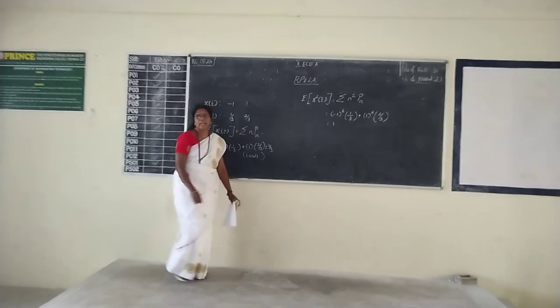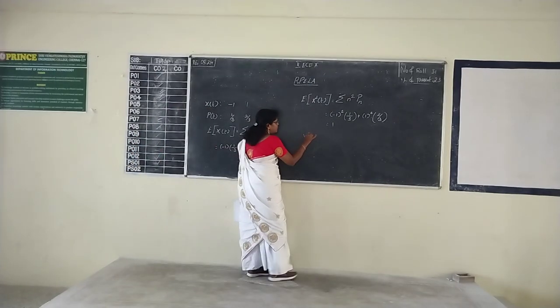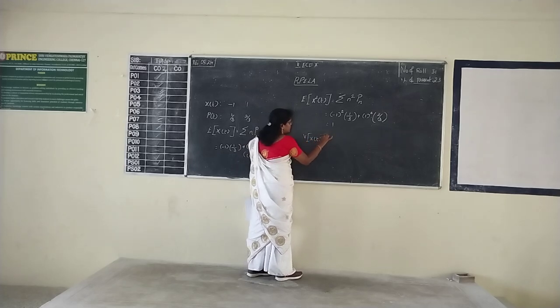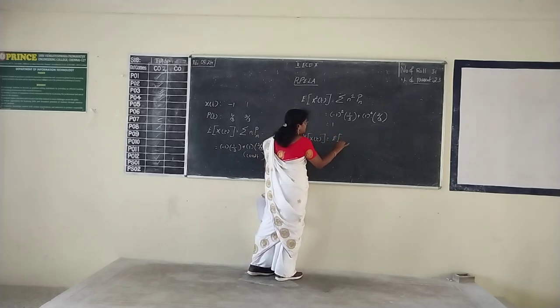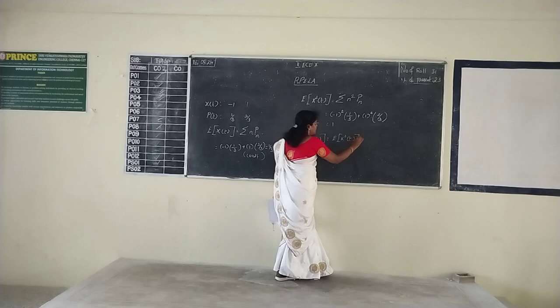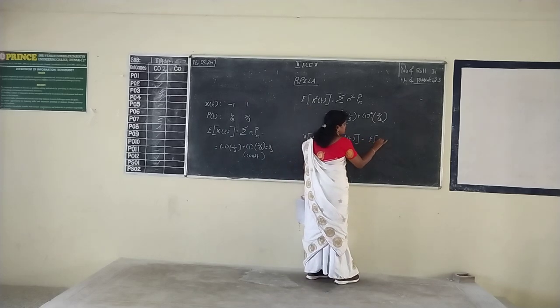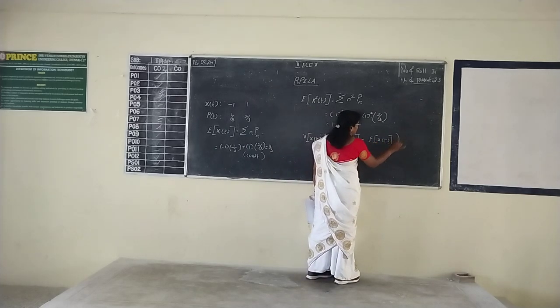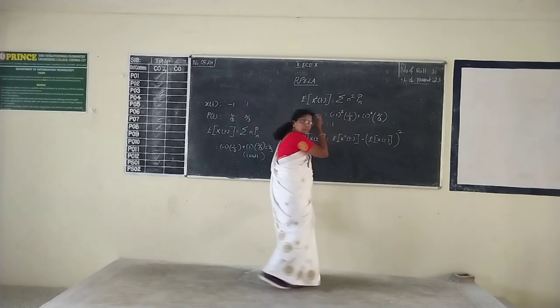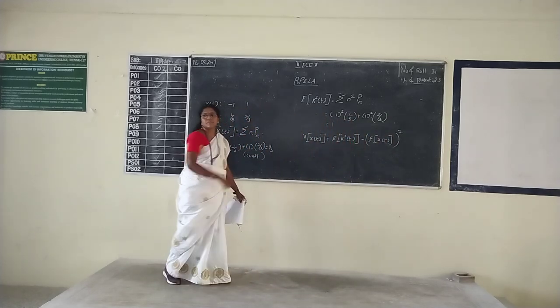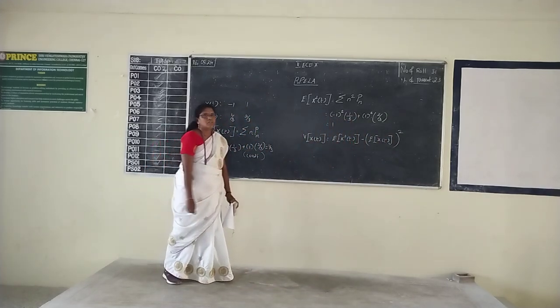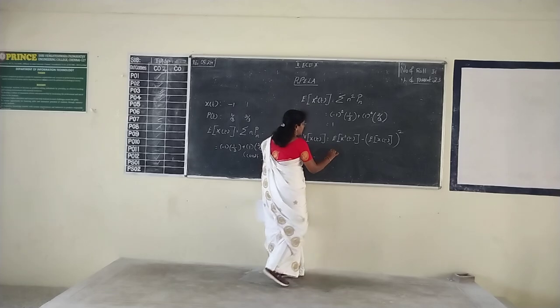Variance. Variance of x of t equals expectation of x square of t minus expectation of x of t the whole square. So what is e of x square? 1.